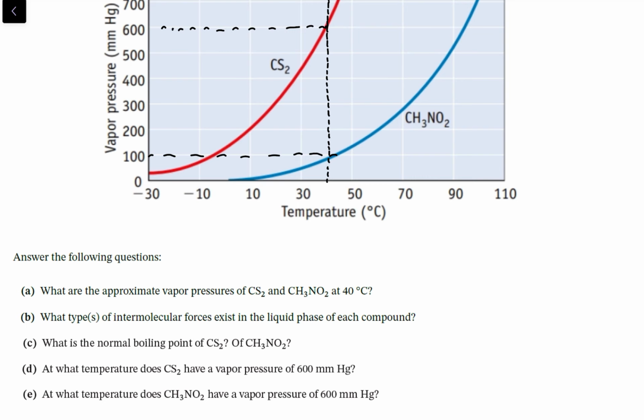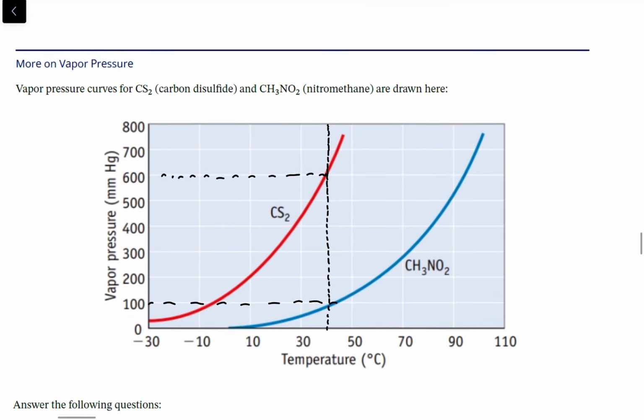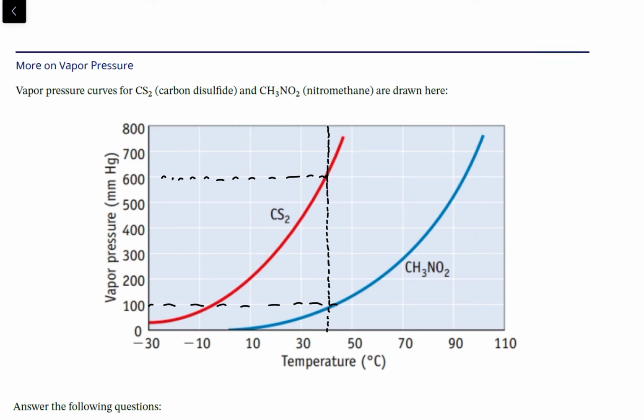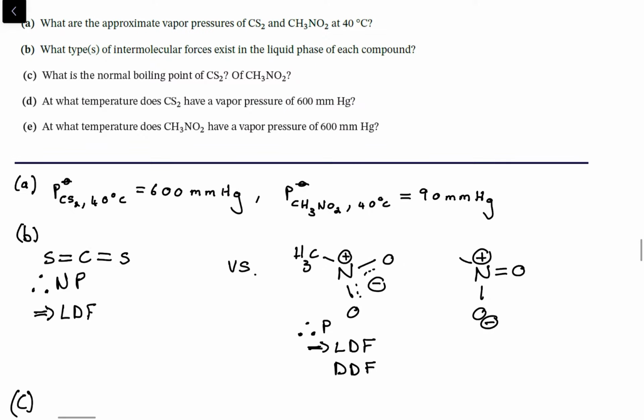Part C, what is the normal boiling point of CS2? So how do you check normal boiling point? You go to 760 millimeter mercury or 760 torr, and you read off at what temperature that is.